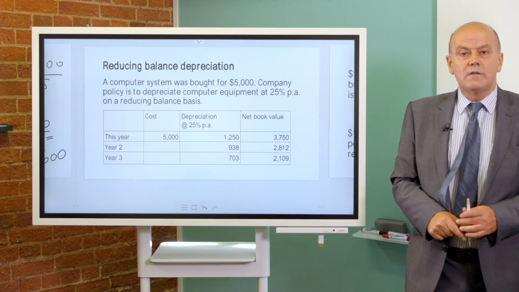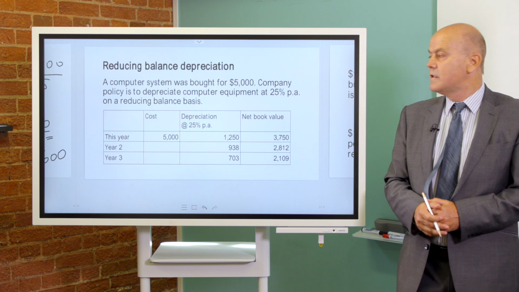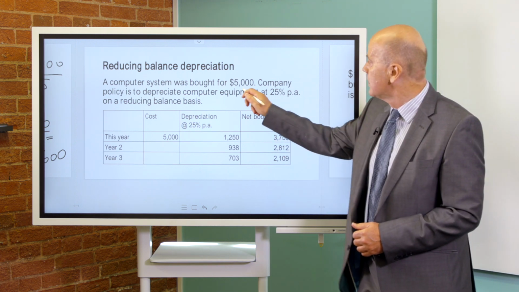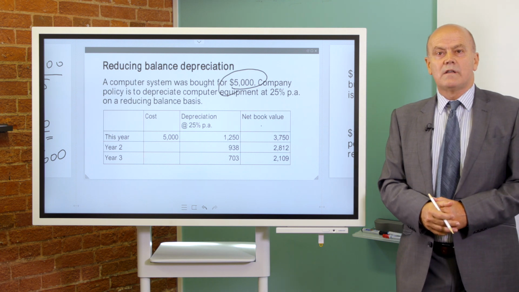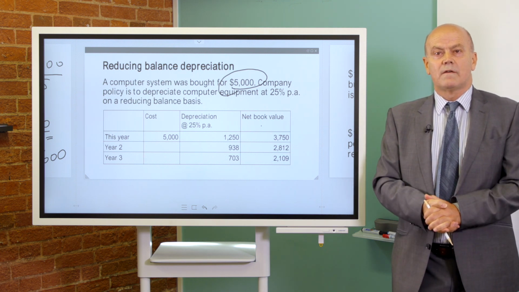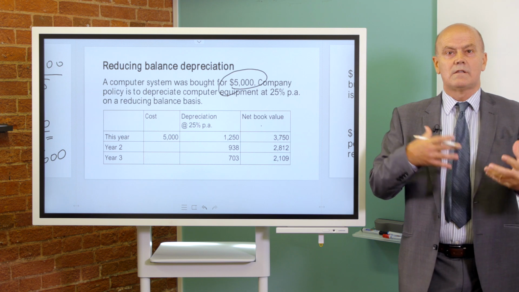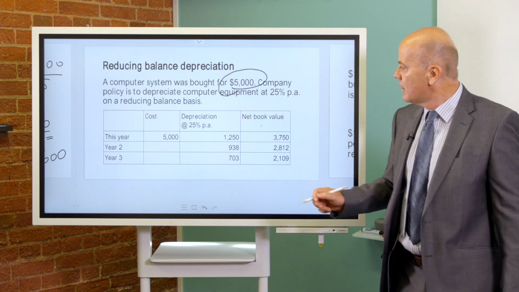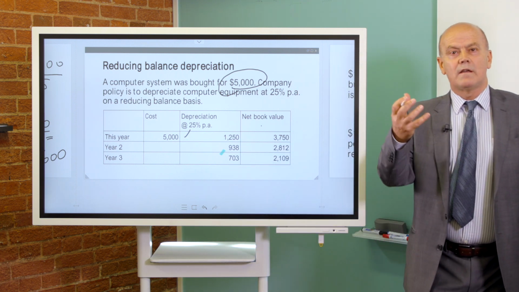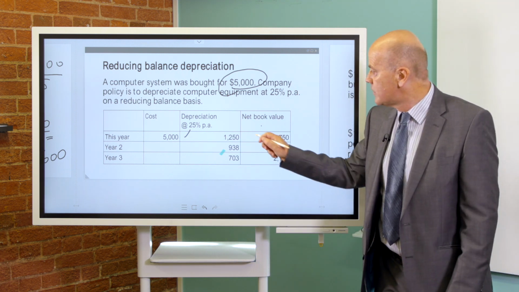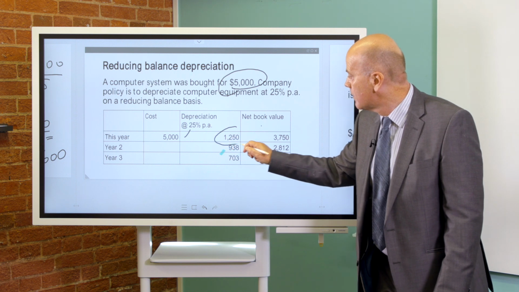Now, we have a computer system, and that is costing $5,000. And we actually reduce it or depreciate it at 25% a year. So how do we do this calculation? Well, you can see the original cost, and then we take 25% of that, which is 1,250.